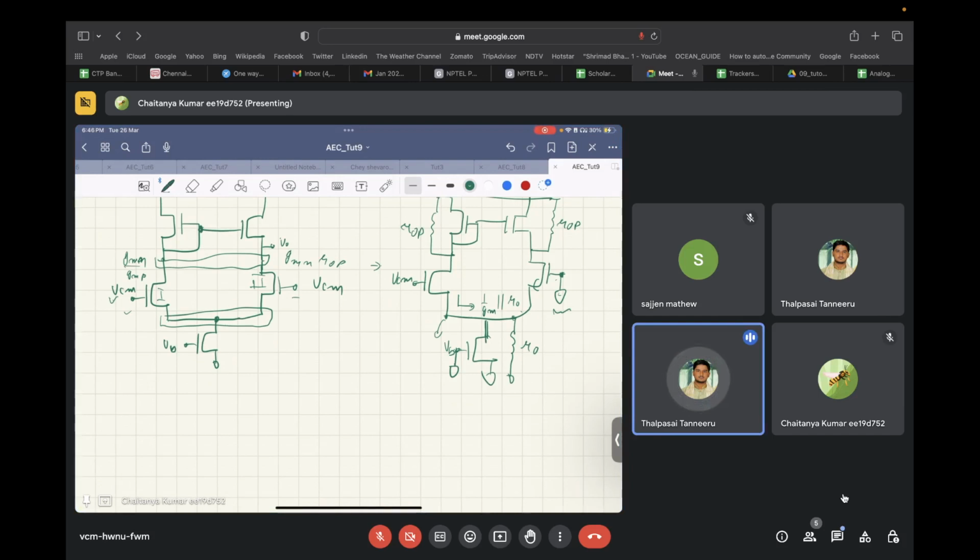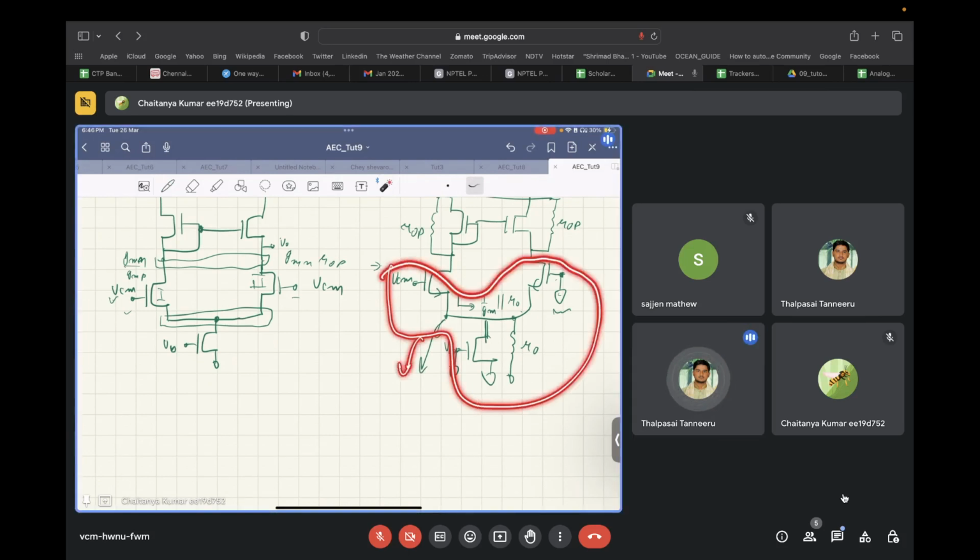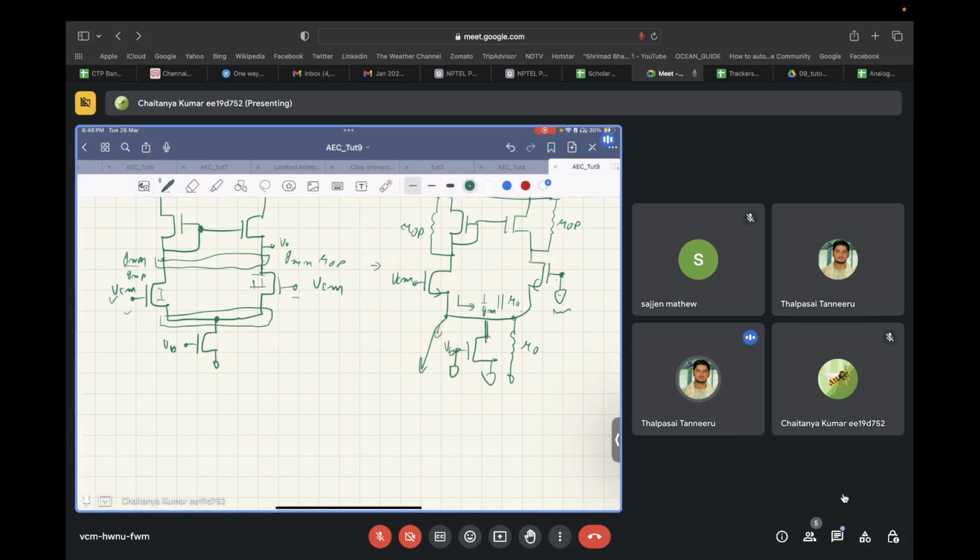We'll write the equivalent. Basically, this complete stuff over here is acting as a degenerated source, source degeneration.